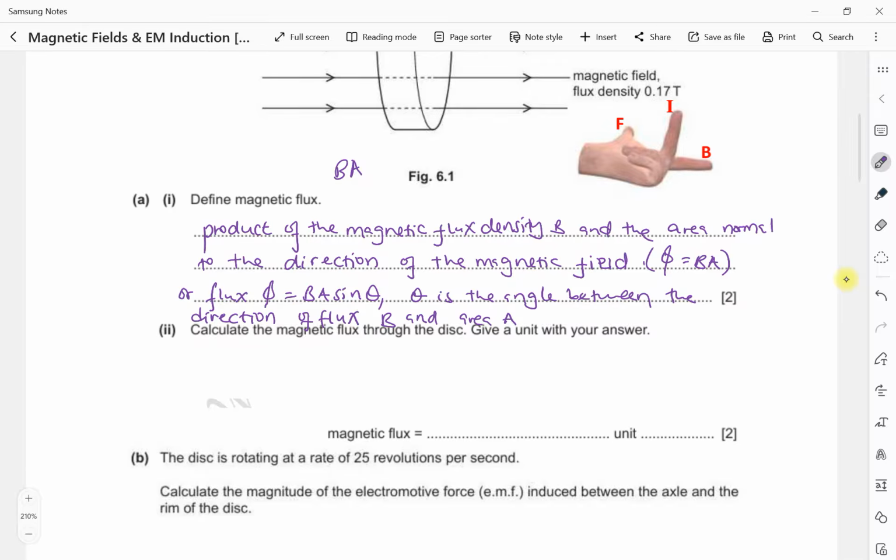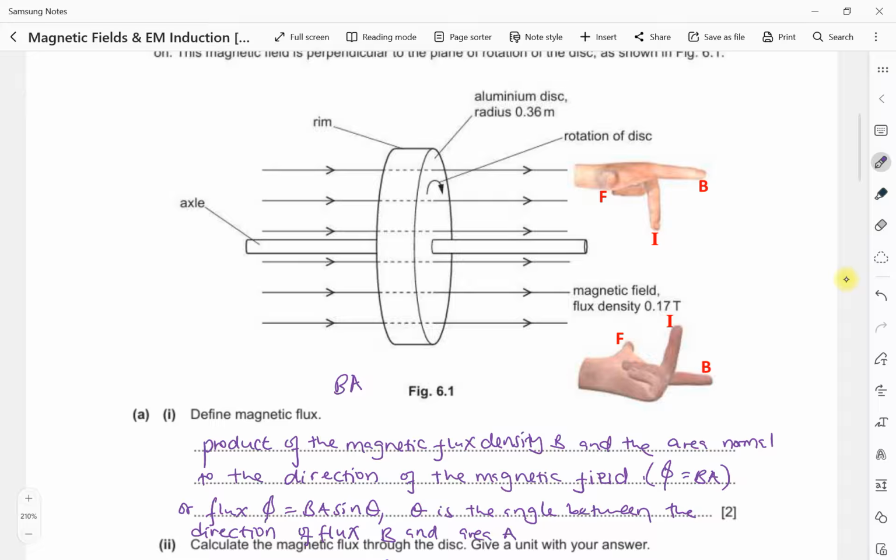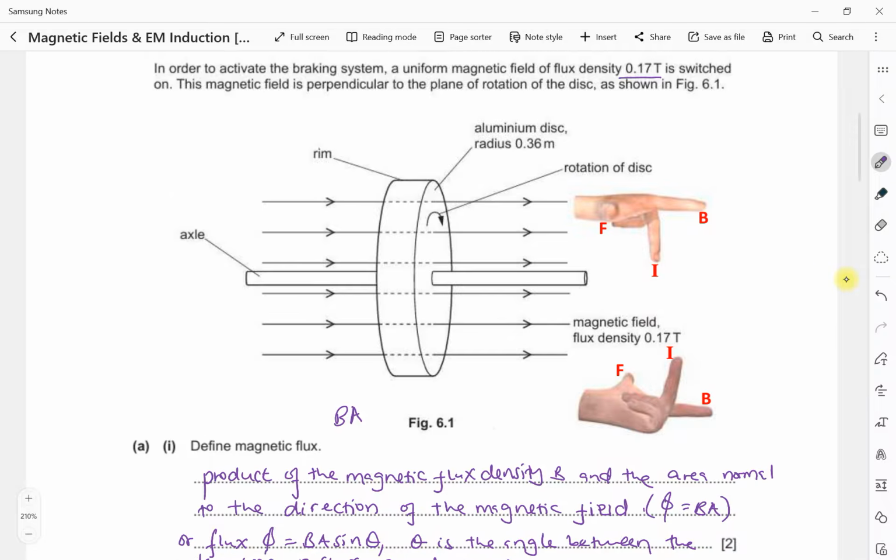So we want to find magnetic flux. Flux equals B times A. Because this is circular, the area is pi r squared. B is given as 0.17 teslas, and the radius is given as 0.36.